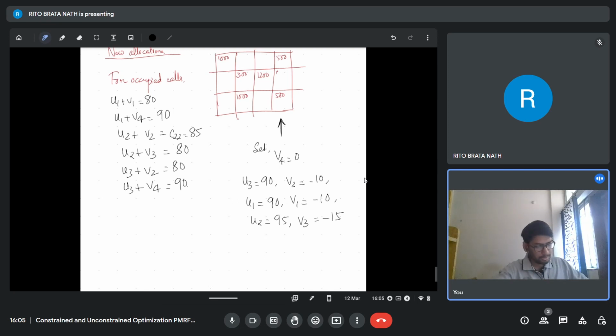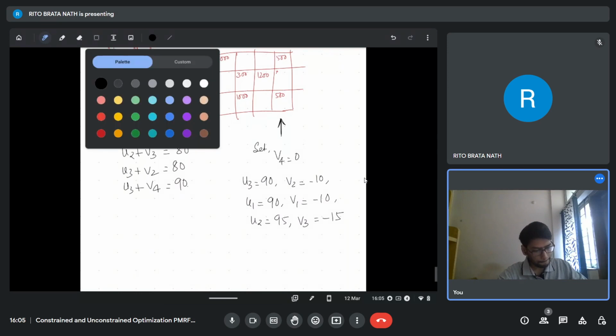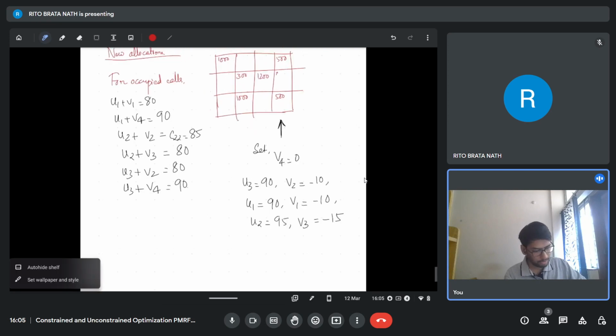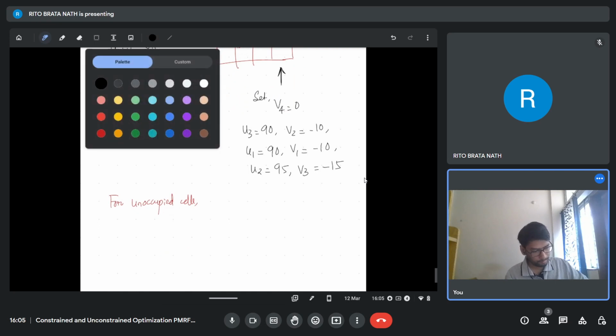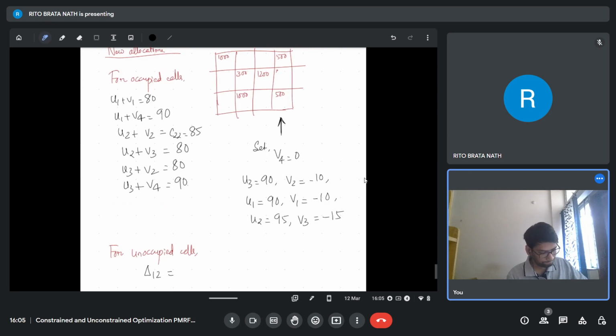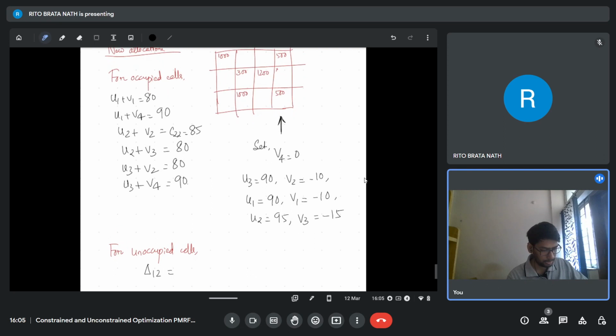Now let's calculate delta ij for unoccupied cells, right? So delta 1,2 will be, oh sorry, it's not 80, it's 100 minus 80, so that's 20.